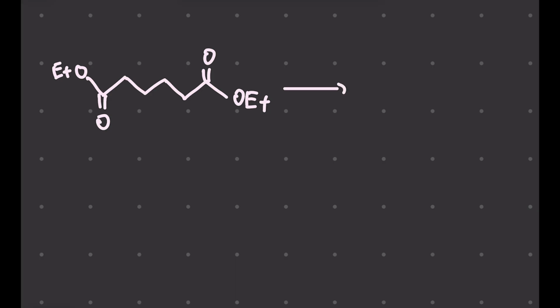And if we were to react this with ethoxide, it's going to give us a 5 or 6 membered ring, and in this case it's going to be a 5 membered ring.